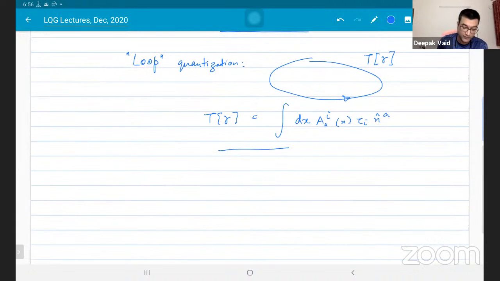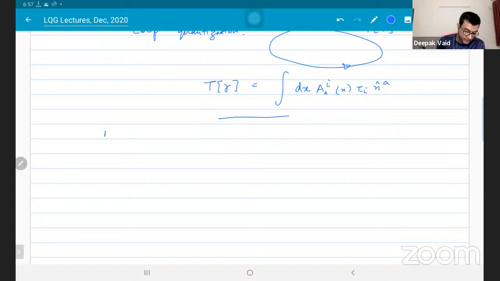So if you are interested, one can also look at work done, among others, by Madhavan Varadarajan, right? So if you are interested, one can look at that.